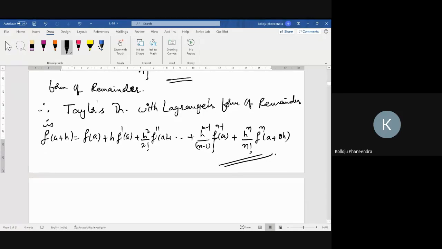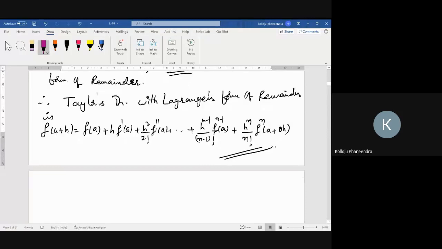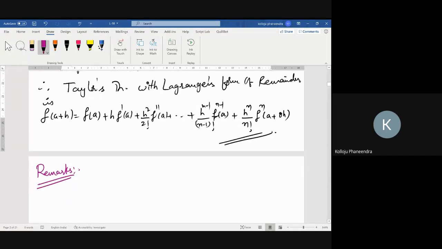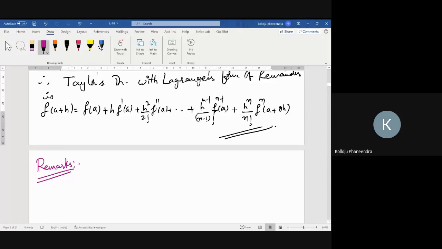Okay, now one by one the observations, you have to remember this. Remarks. Remark 1. First one, put x equal to a plus h. Why am I substituting?